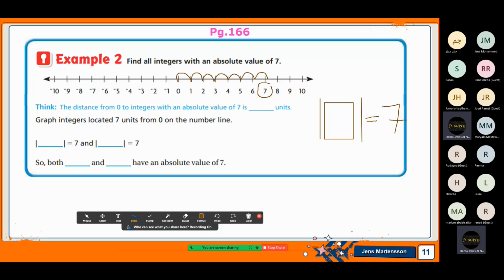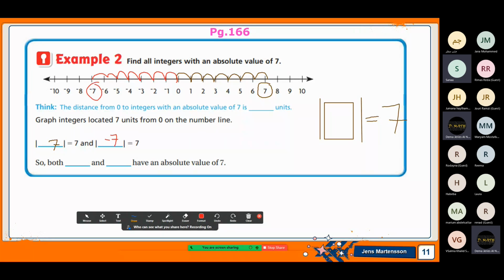So what is the first number that is 7 units far from 0? 7. So the first one is 7. Now let's go to the left with 7 steps. 1, 2, 3, 4, 5, 6, 7. So to the left, I go with negative 7.